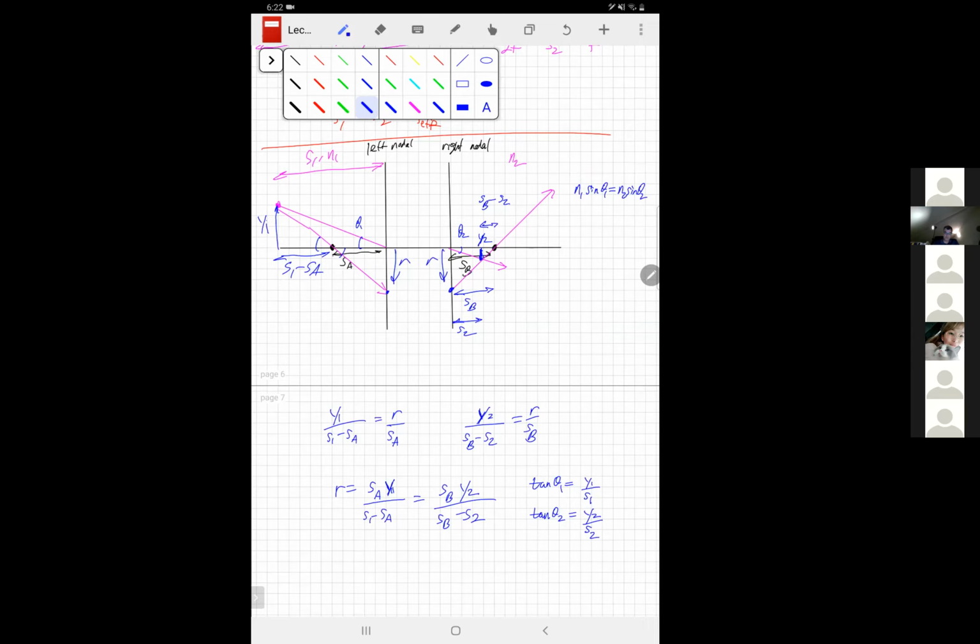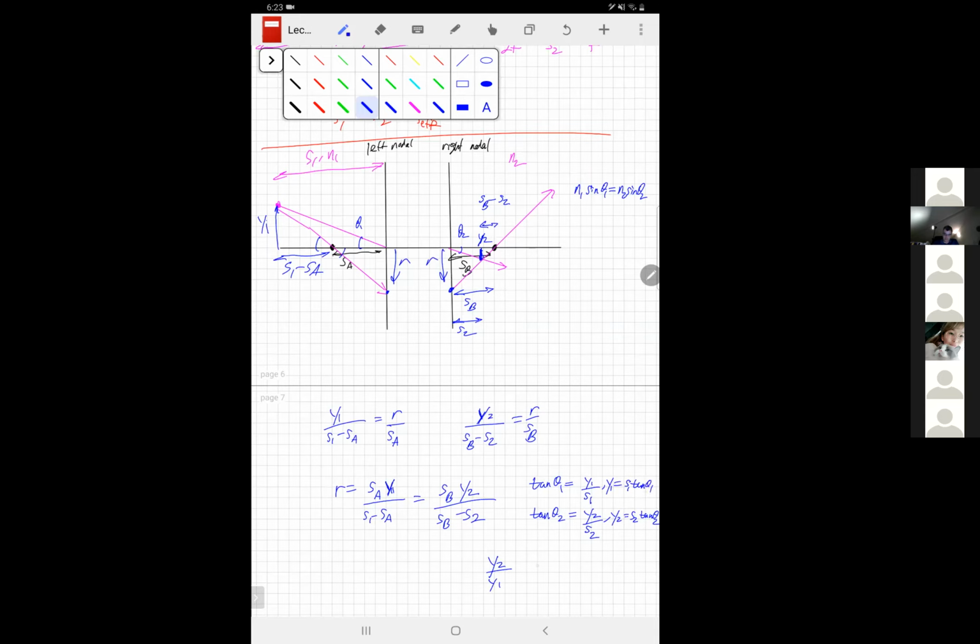Can you write y2 in terms of y1? Well, y2 equals S2 tan theta 2, and y1 equals S1 tan theta 1.